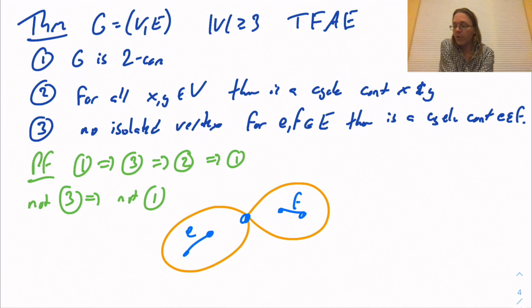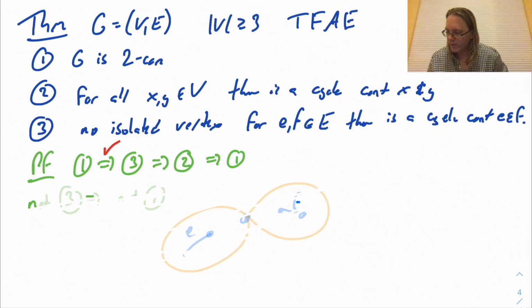If 3 does not hold, then you have a separation of order at most 1 with E on the left and F on the right, and in that case you'd be violating property 1. So that does this first implication.